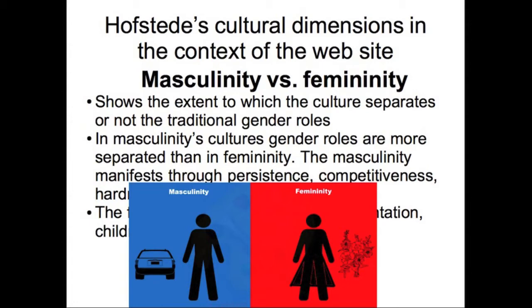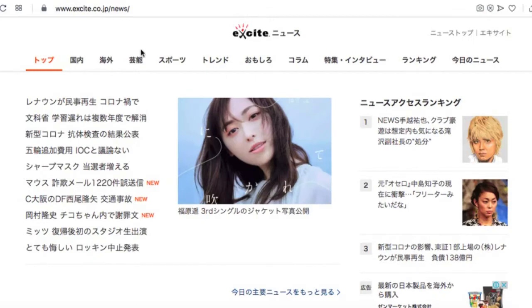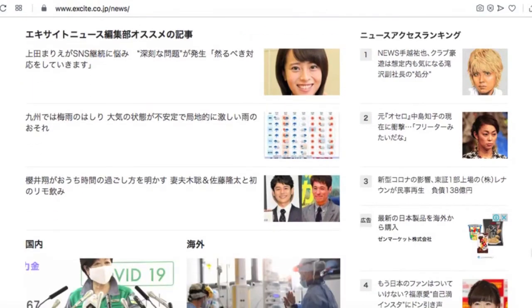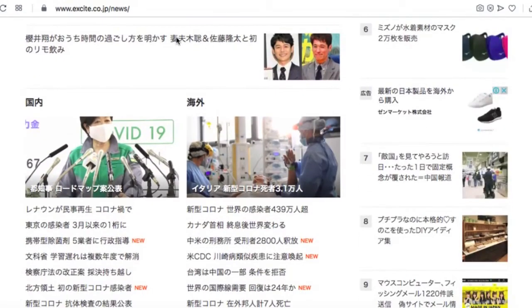Meanwhile, the feminine cultures emphasize conjunction of gender roles. Mutual cooperation, exchange, and assistance are important, and attention can be attracted by poetry, visual aesthetics, and common values. An example of the masculinity and femininity dimension can be the Japanese website exide.jp. There exist two versions of it.